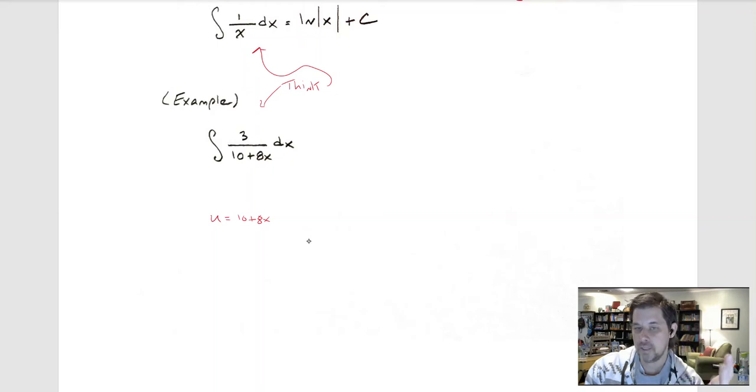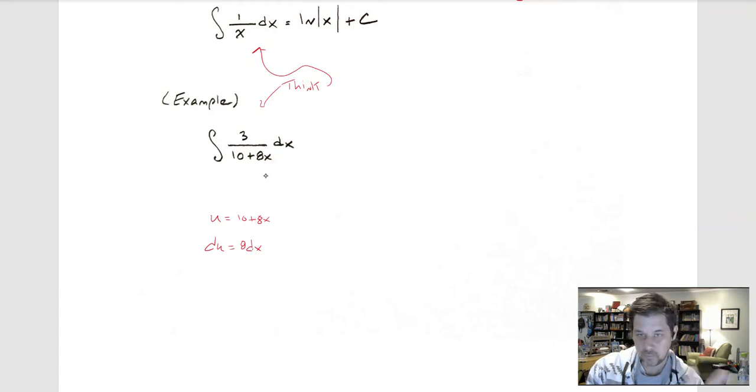At least then it'll be like over u, kind of like this. Now I don't just substitute the u and the x, I substitute the dx also. So once this is chosen, I take the derivative of both sides. The derivative of u is du for these purposes, and for 10 plus 8x, the derivative of that is 8 dx.